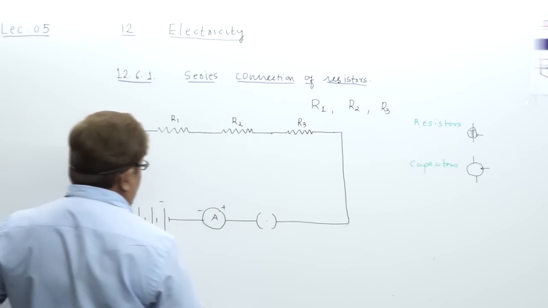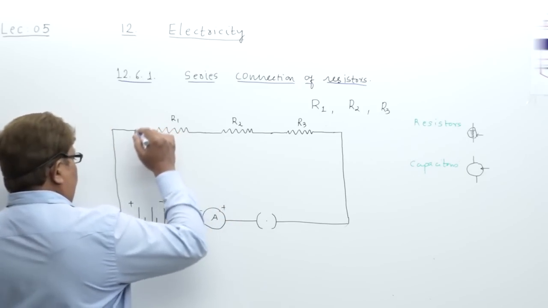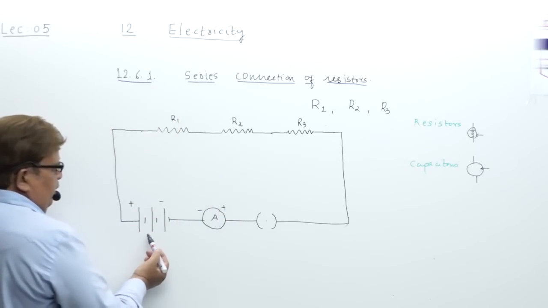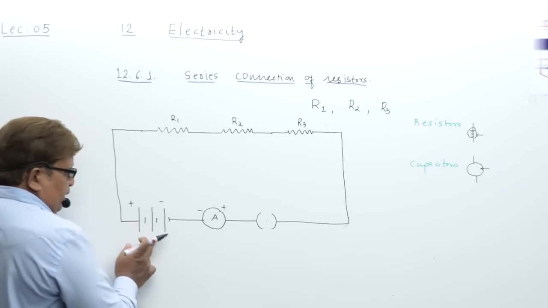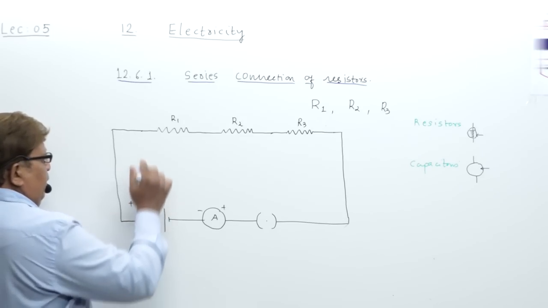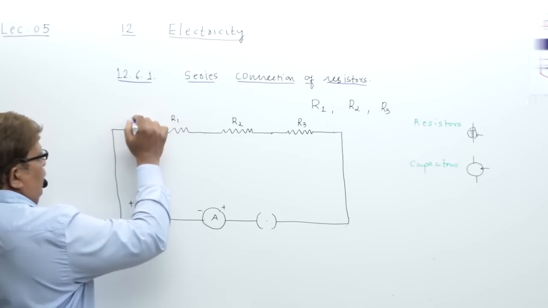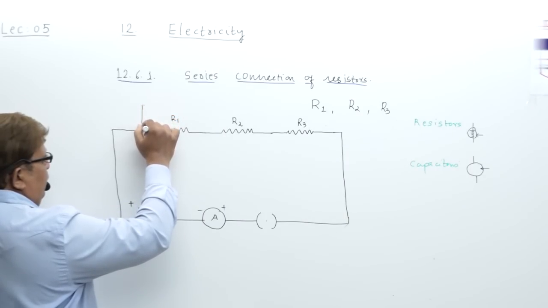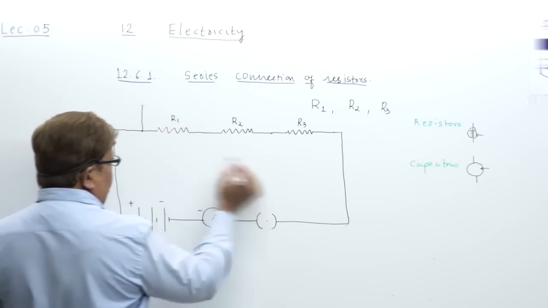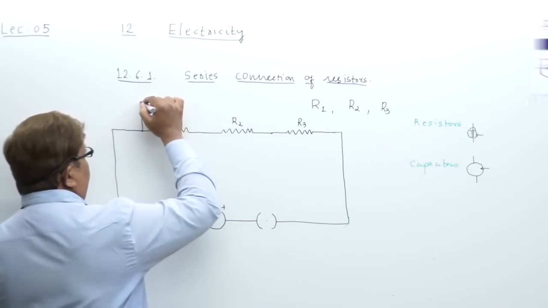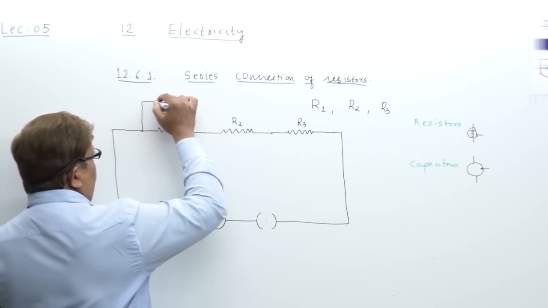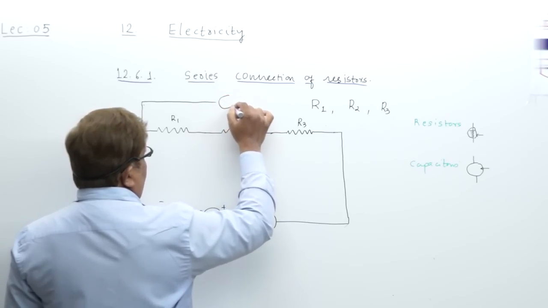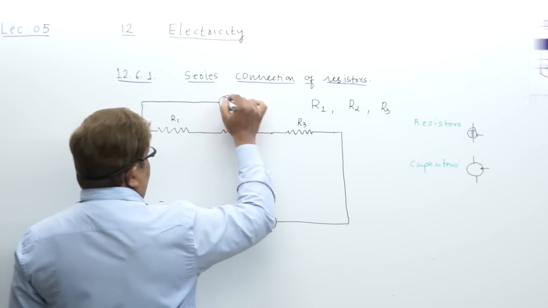Now one more thing. To measure how much potential difference is generated by the battery, we are connecting a voltmeter here in parallel connection. In the textbook they have shown it there. It's okay, anywhere you can show, but it has to be in parallel connection, that you should understand.